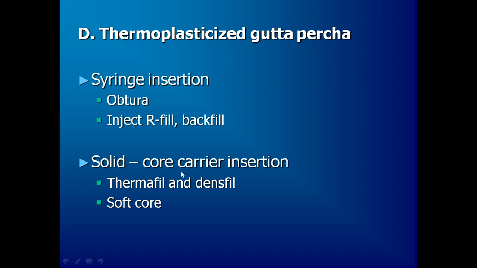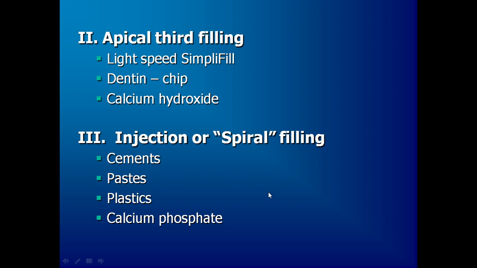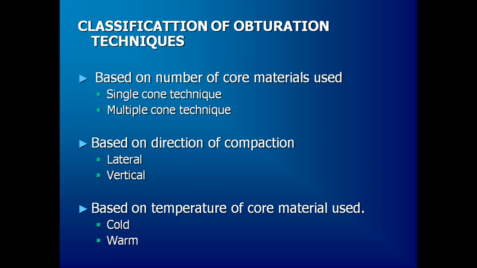Remember, I said GP is coated on a carrier, right? So this solid core technique is a form of obturation. As I mentioned earlier, the other 2 types are the apical third filling, where these methods come under that, and then the injection or spiral filling technique, where the Lentulo spirals are directly used to obturate the canal.